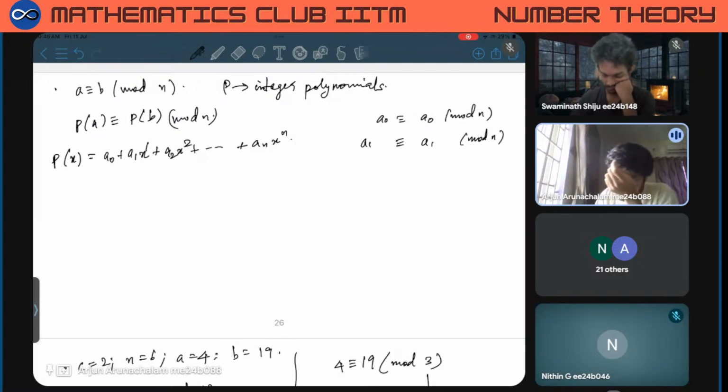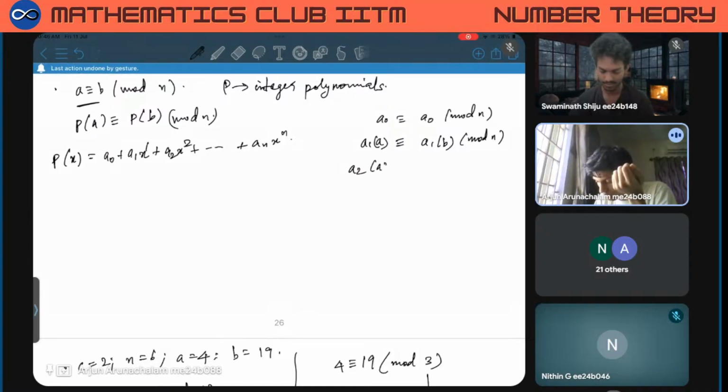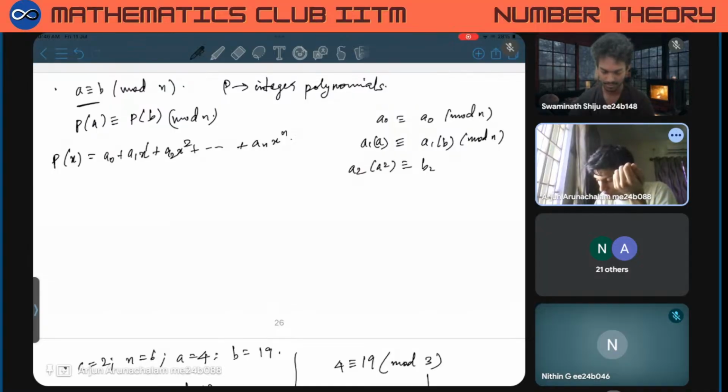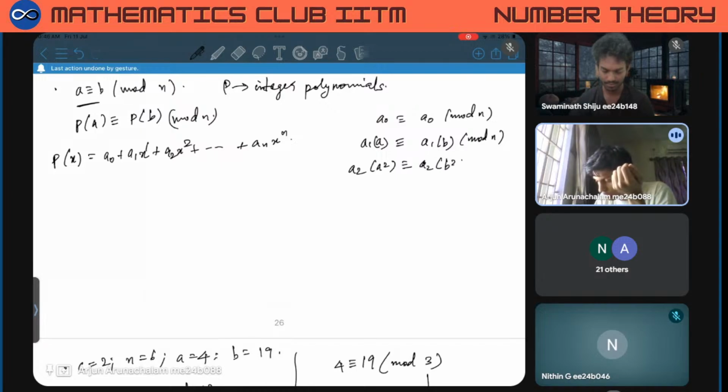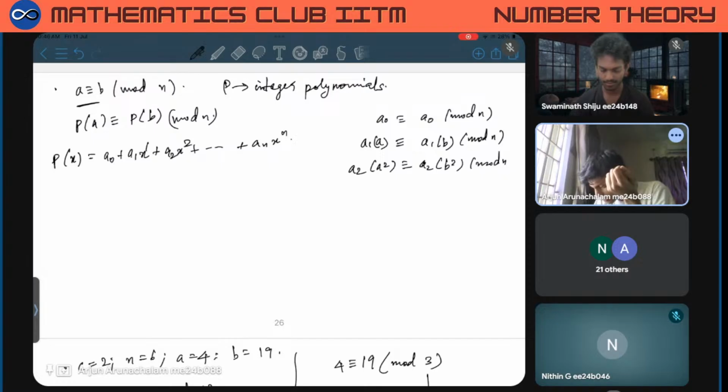And since we have that a is congruent to b mod n, a1 into a is congruent to a1 into b mod n. Similarly, a2 into a square is congruent to a2 into b square mod n. And this keeps going till an a to the power n is congruent to an b to the power n mod n.